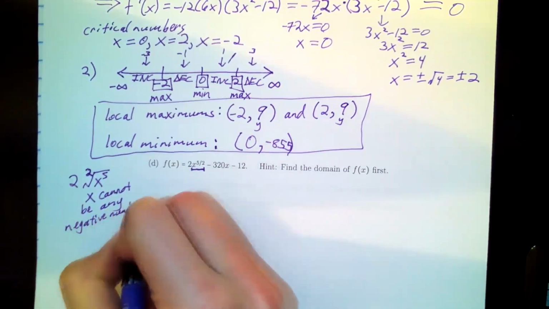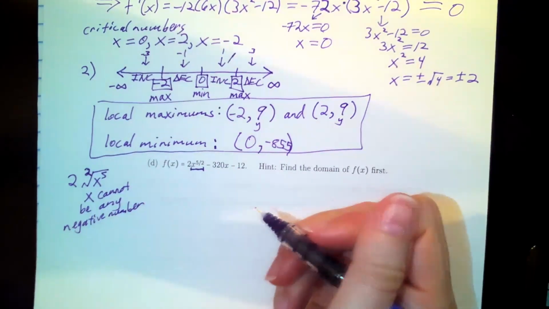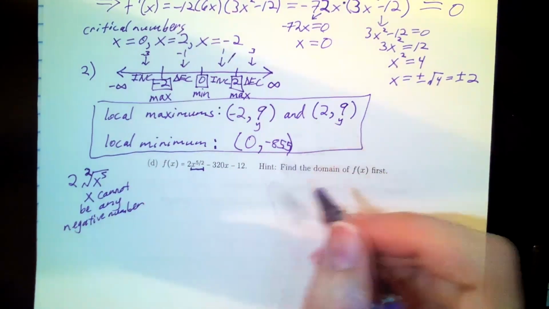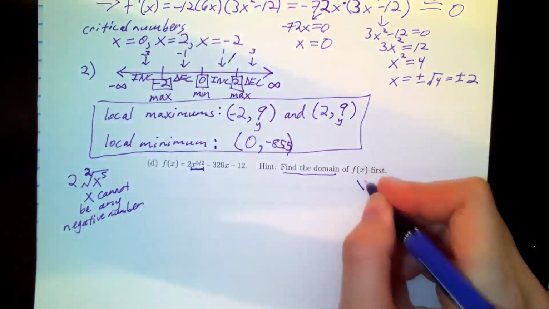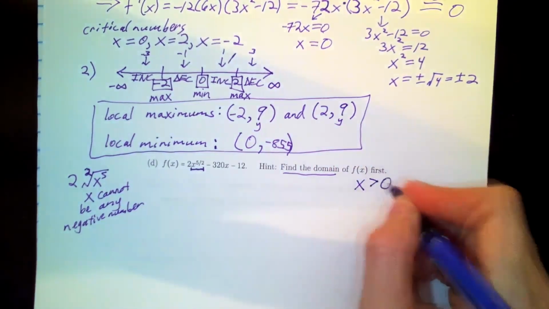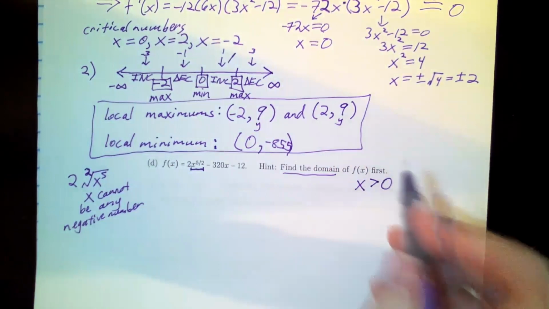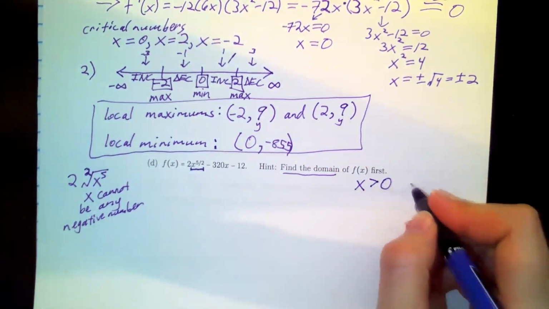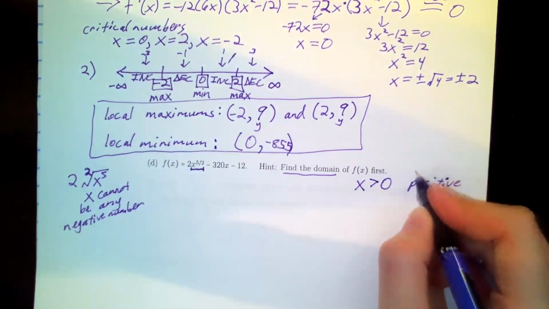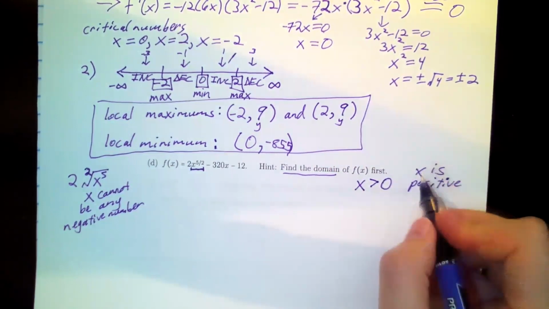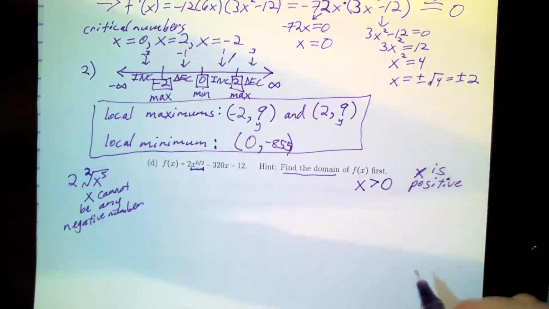Because it'll make me have to take the square root of a negative number. That is to say that the domain of my function has to be that I only consider x so long as x is greater than 0. X is positive. So this is our way of saying that you can only plug in positive values for x.